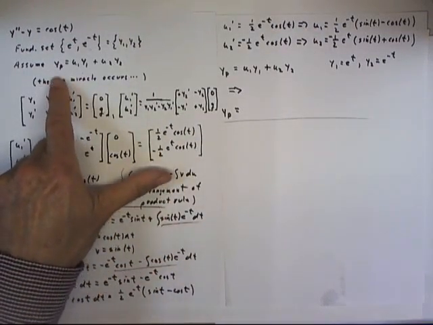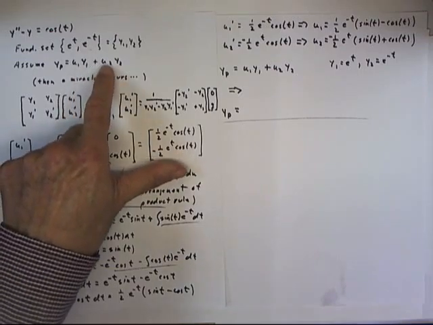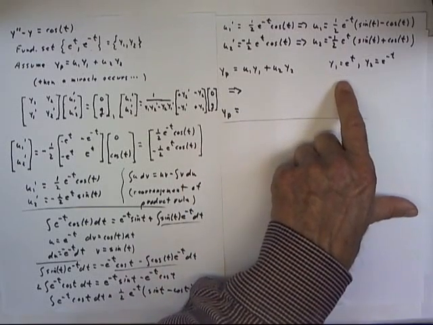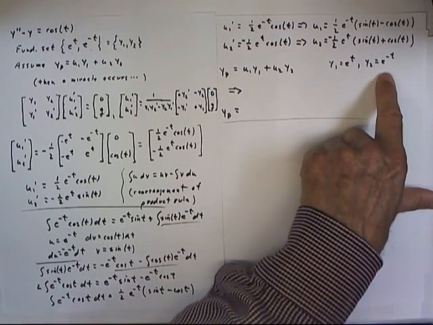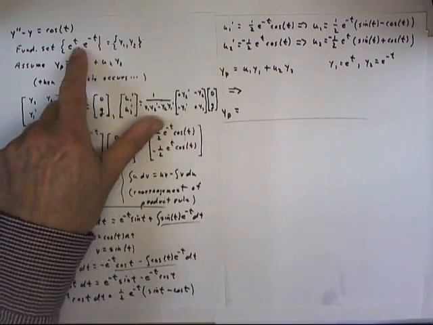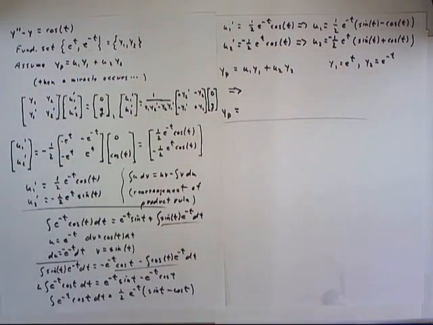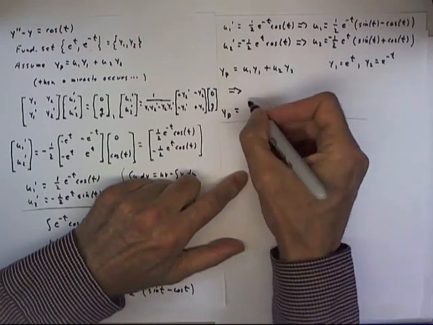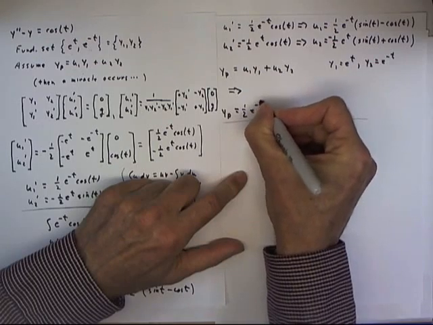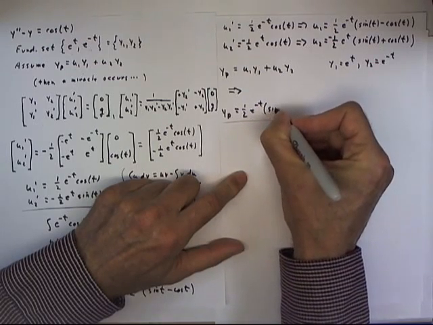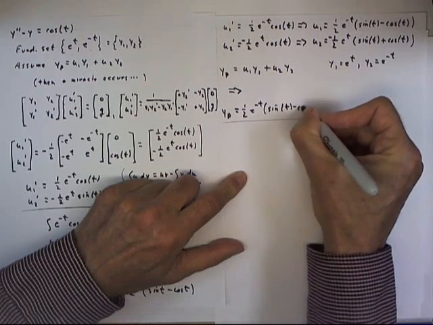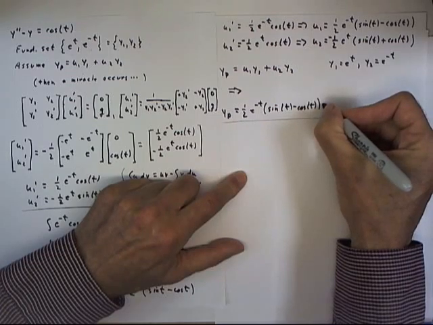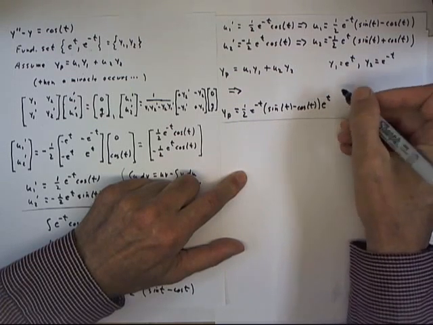Remember, our assumption was that yp equals u1 y1 plus u2 y2, so that using that with y1 equal to e to the t, y2 equal to e to the negative t, our assumption from the fundamental set, we get our yp function. So u1 is our function 1/2 e to the negative t times the quantity sine of t minus cosine of t, and that's going to be multiplied by y1, and y1 is e to the t.